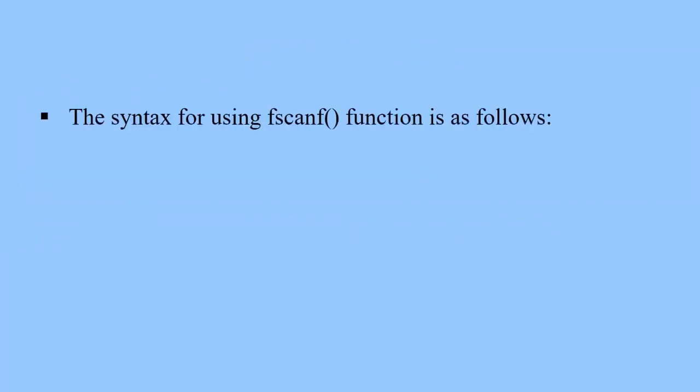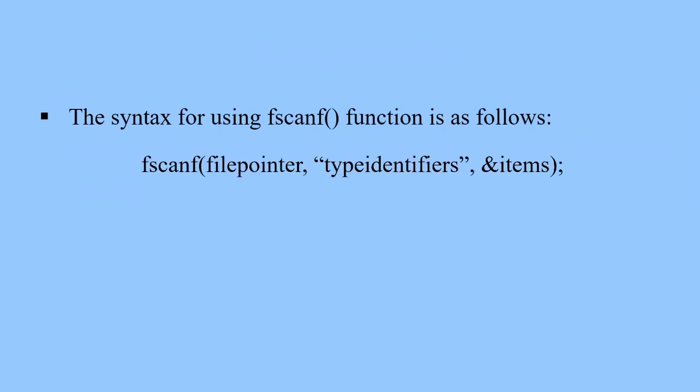The syntax for using the fscanf function is as follows. The difference between this statement and the other statements for reading that make use of the function scanf is just that we are now adding a section for the file pointer and changing scanf to fscanf.